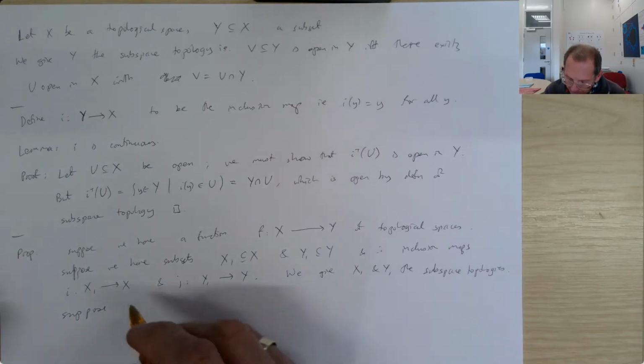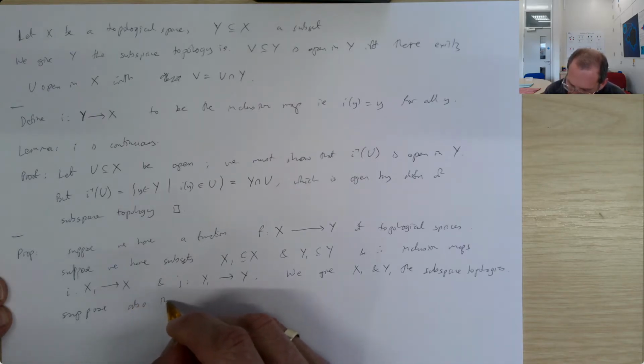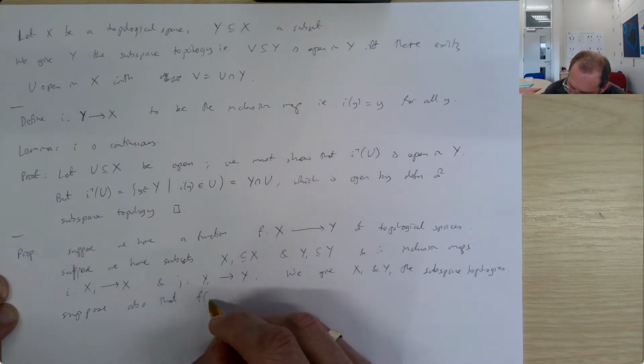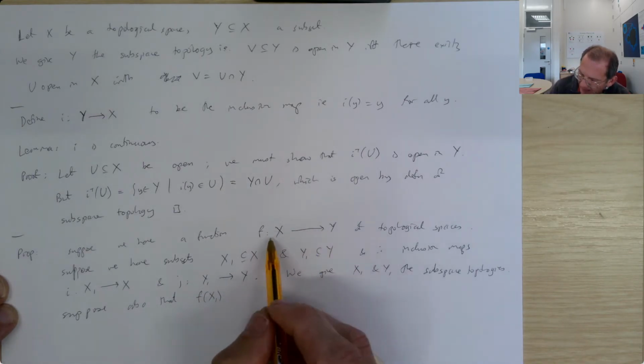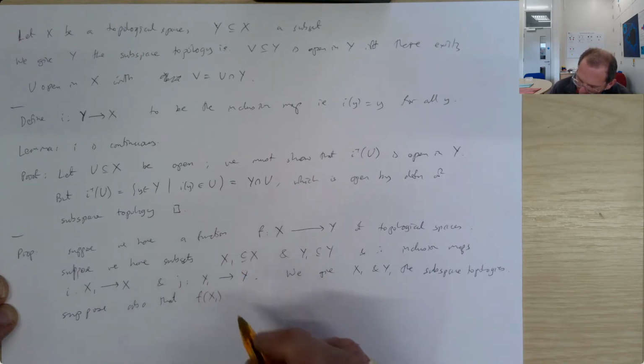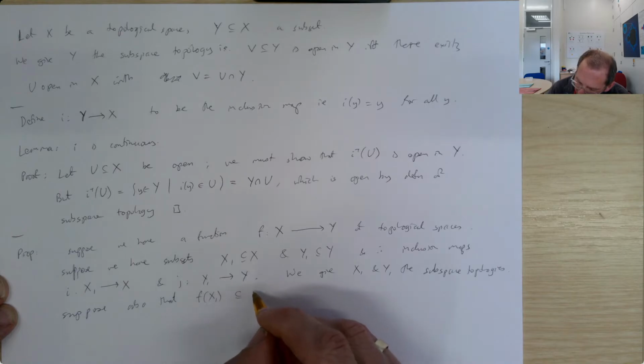And let's suppose also that this function f is sending X to Y, so we can apply it to this subspace, so all the points in the subspace X1, and let's suppose that they're all contained in Y1.